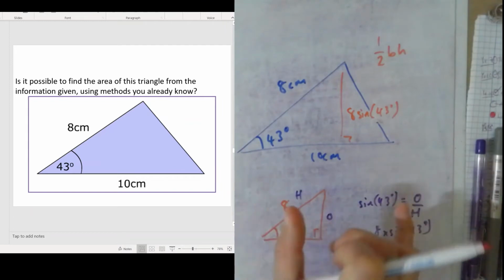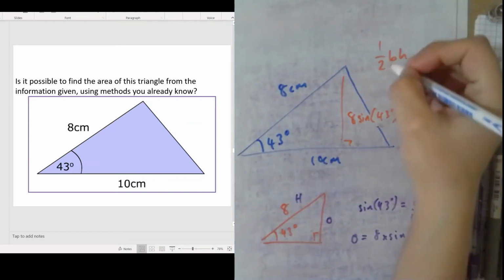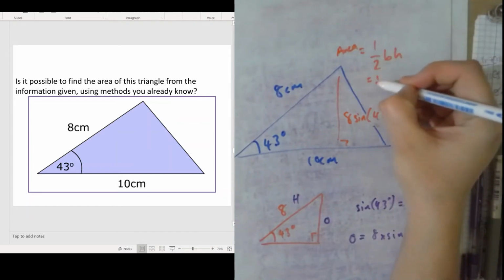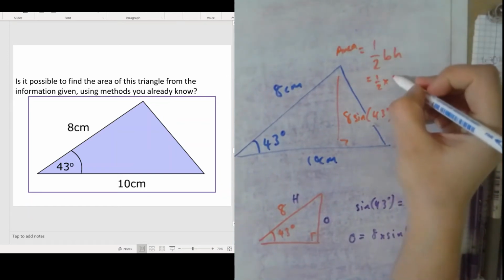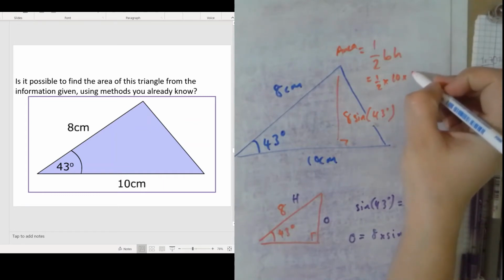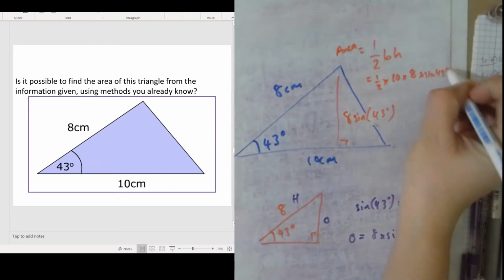So now all I need to do is do 10 times this. So the area would then equal half times base, which is 10, times 8 times sine 43 degrees.